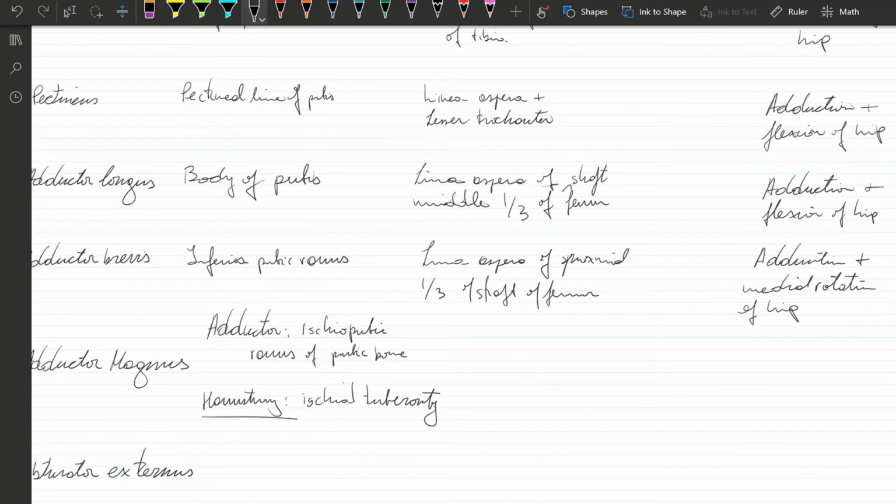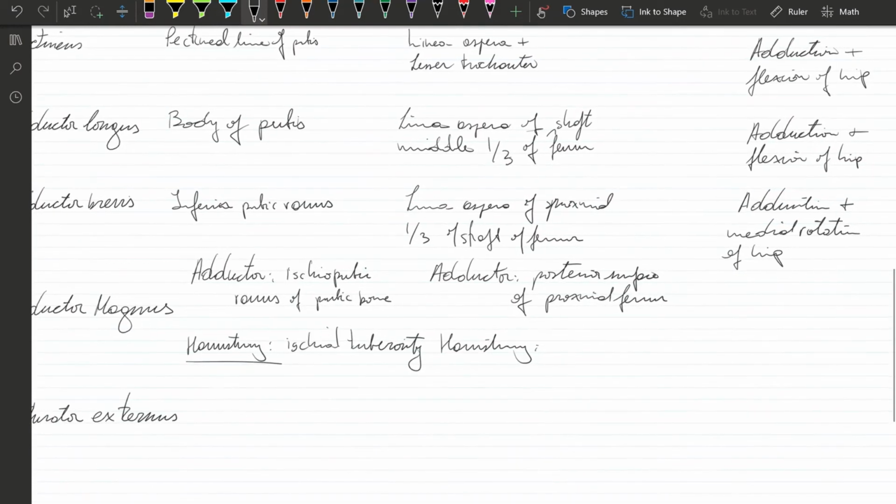They're both going to have a different insertion. The adductor is going to have one, the hamstring is going to have one. The adductor is going to be located at the posterior surface of the proximal femur.